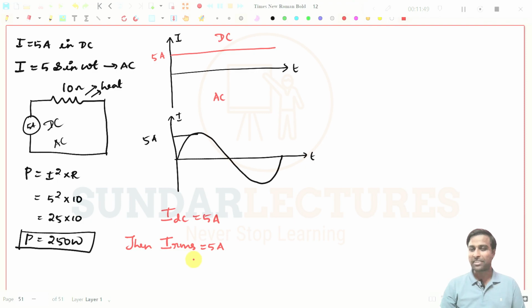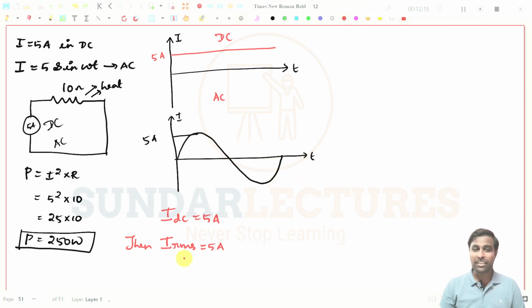What is this RMS? Root mean square value. That means if I want to know the current in the resistor, I have to take the average of this particular current value to get the power dissipated in the resistor. I cannot substitute this expression directly, right? So I need to get the average current.